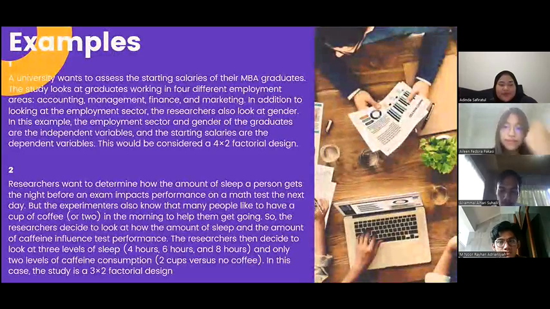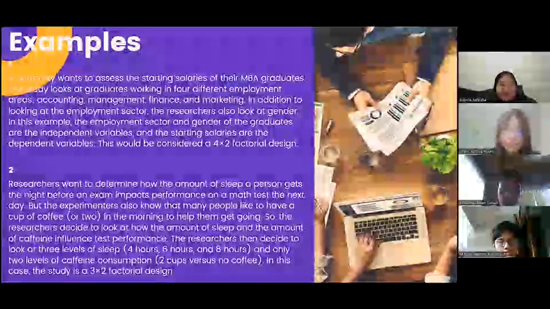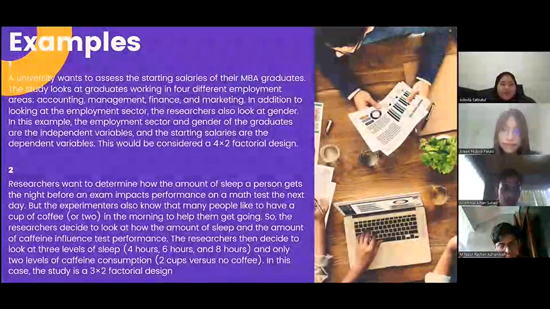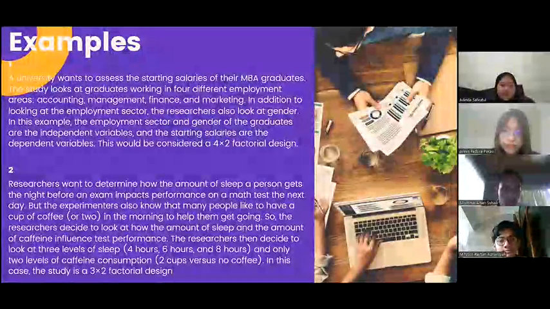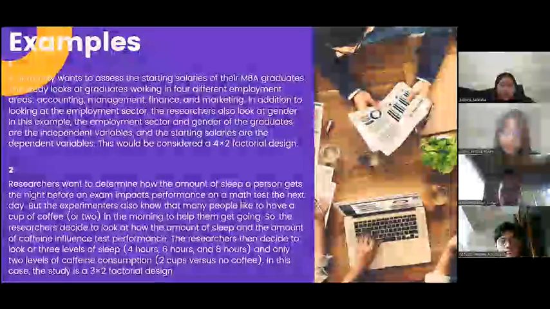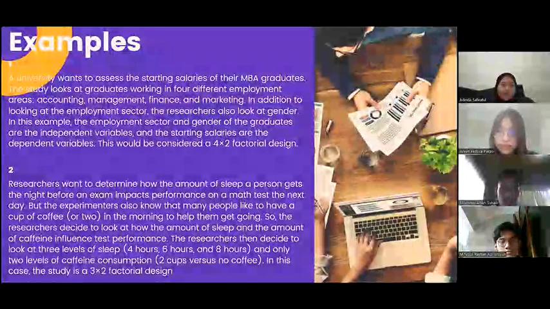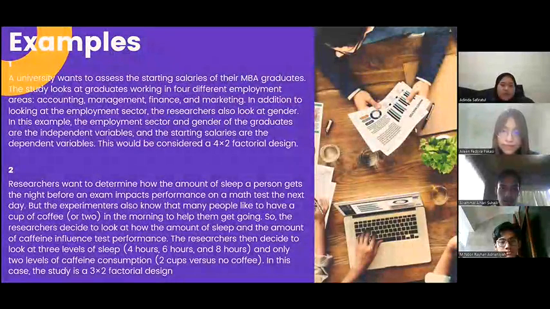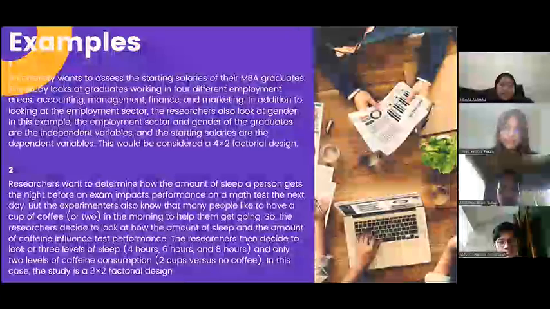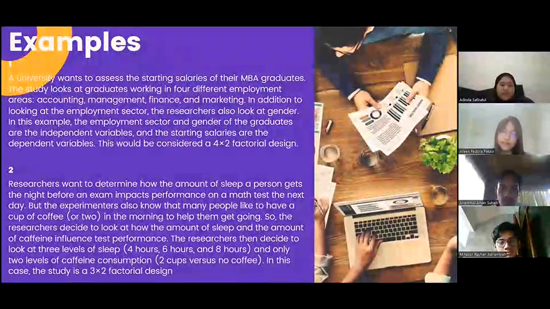After knowing the definition, types, and advantages of factorial design, let's take a look at these two examples in order to have a better understanding of what factorial design is. Example number one: a university wants to assess the starting salaries of their MBA, or Master in Business Administration, graduates.